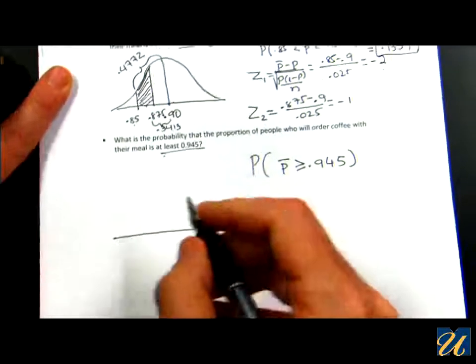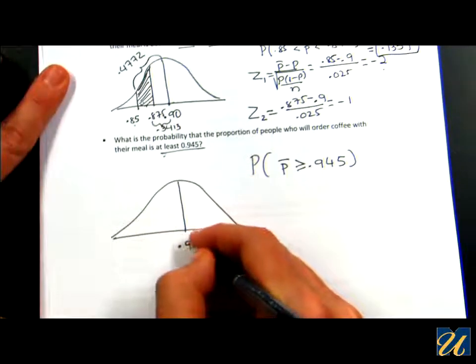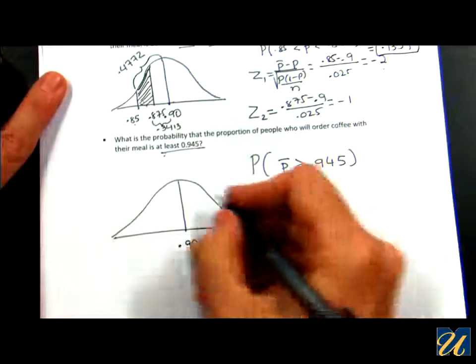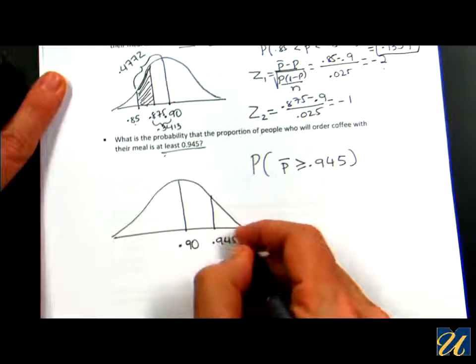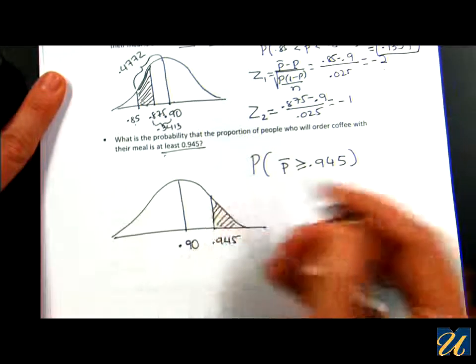Normal curve, 0.9. We have 0.945 to the right of the mean. I'm looking for a right tail.